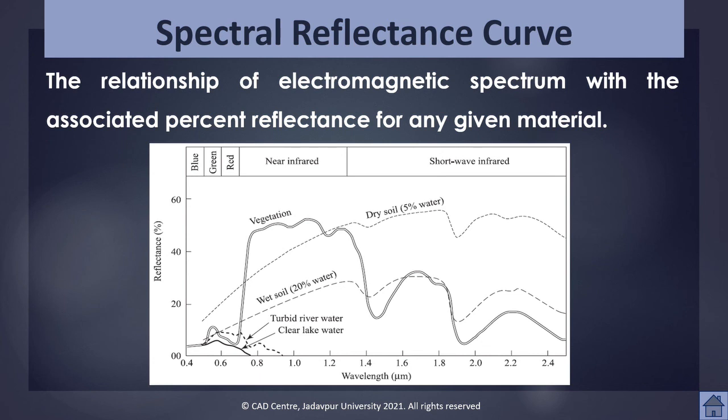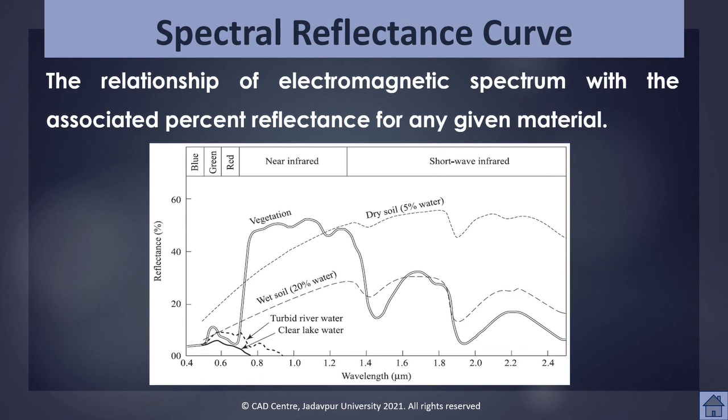Therefore, by proper investigation of these three signatures, we can get a clear understanding about the object type and its surrounding. Now, this was all about the interaction of energy at the terrain.